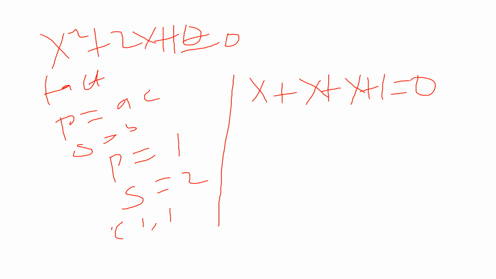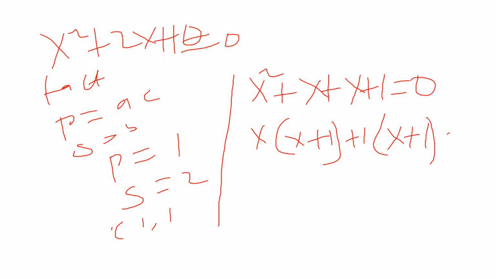Now we look for what is common. Remember this is squared, so we have x, then plus 1, and here we have plus 1, so that we remain with x plus 1, and all this equals 0. We take what is outside the bracket and what is inside the bracket.